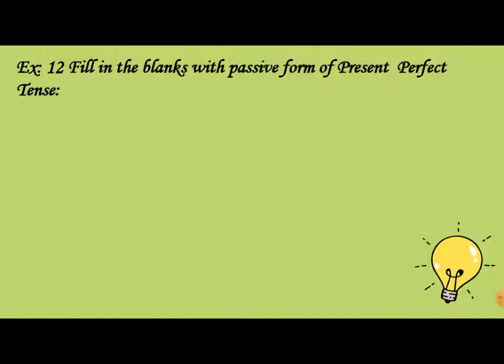Fill in the blanks with passive form of present perfect tense. First sentence, all vacancies in the school dash, bracket fill. So what is the past participle form of fill? Filled. Dear children, these blanks are already in the passive voice. You have to insert the verb in passive voice of present perfect tense.